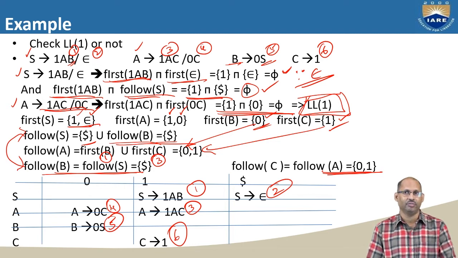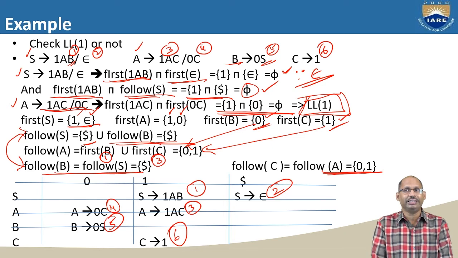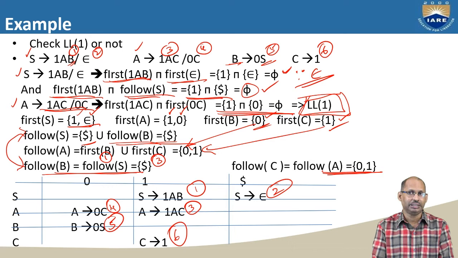C implies 1. So this is the completion of the construction of the predictive parsing table.